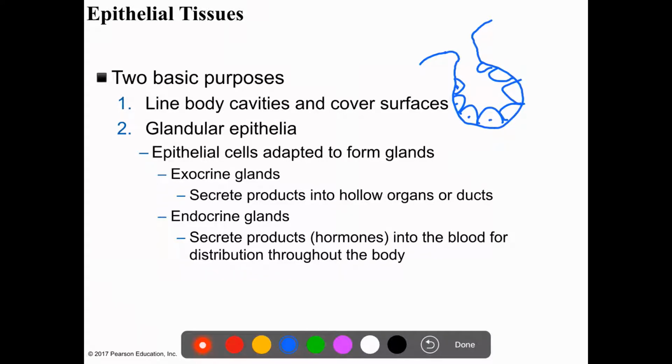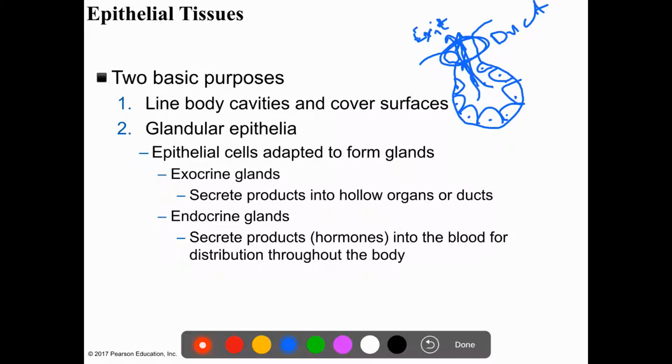This is an exocrine gland, and this is the exit for their secretions. So their secretions leave these clusters of cells through this exit, or this duct.